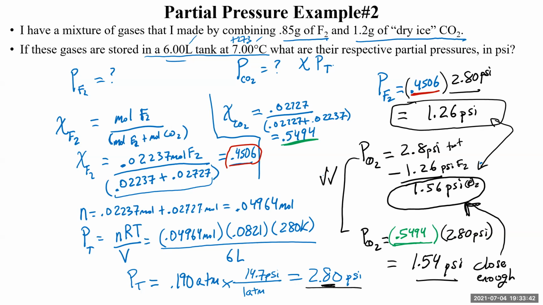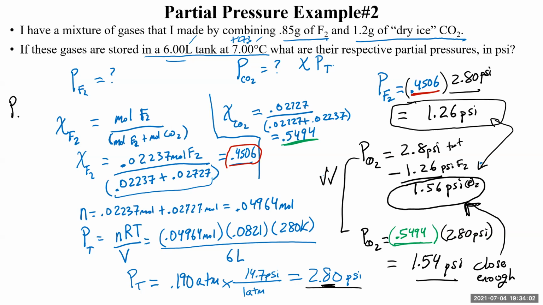And then the other way to corroborate this and to double check your work is to, instead of even going through the whole partial pressure thing, just plug each one of these moles that we calculated earlier into its own individual ideal gas law to see if each one of these pressures pops out. So you can calculate the ideal gas law.